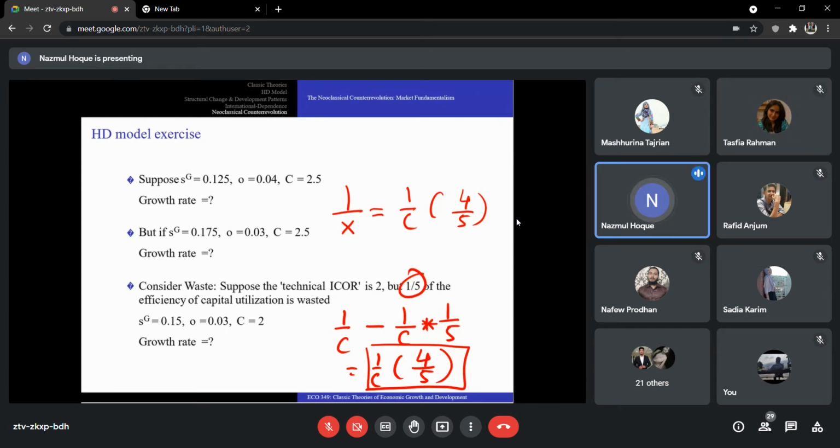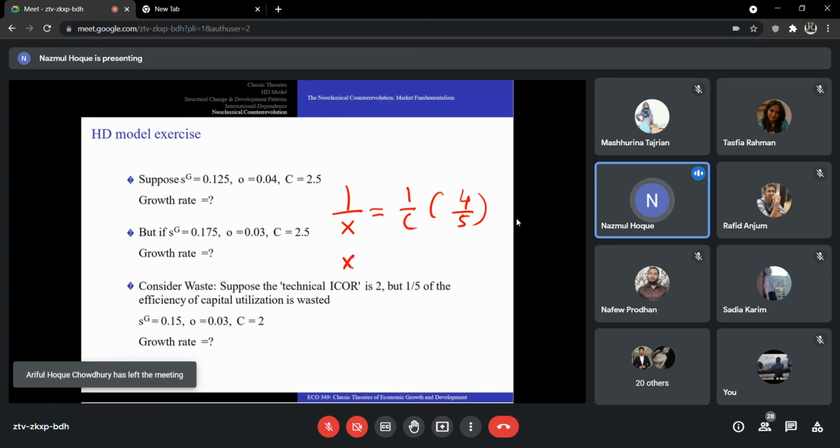So if we solve for x, what do we get? If you solve for x, that is likely to give you 1.5, I believe. Yeah, sorry, 2.5.